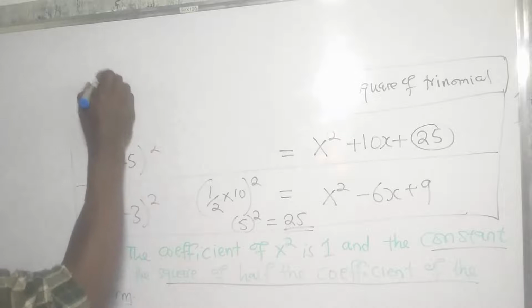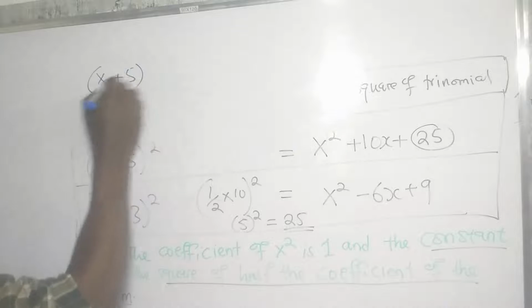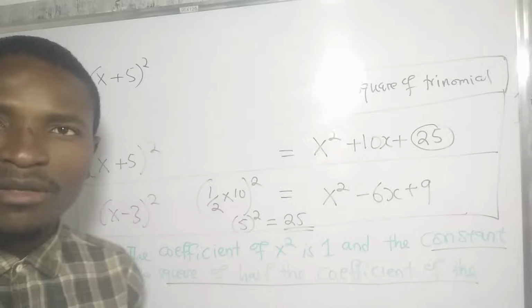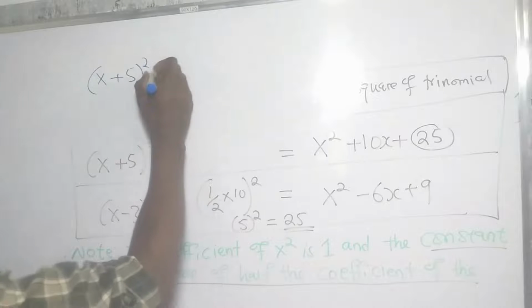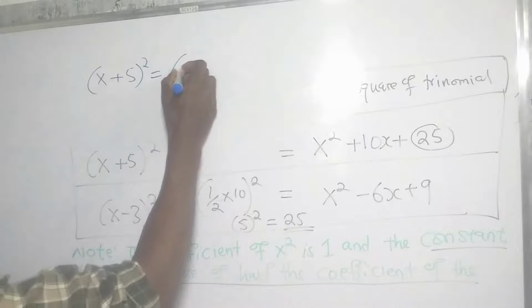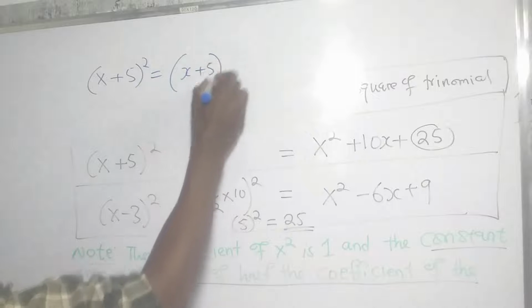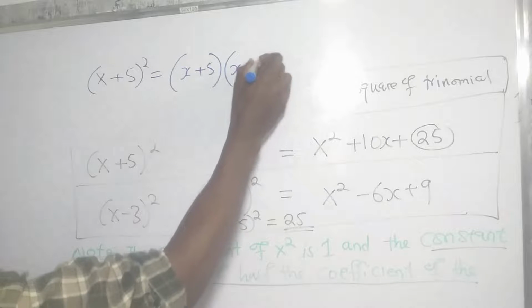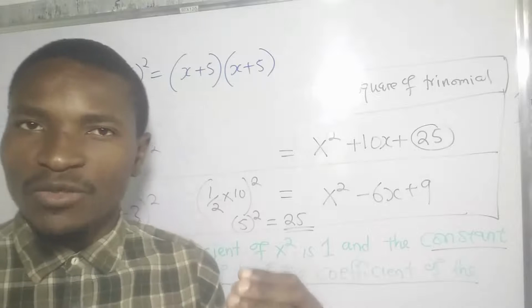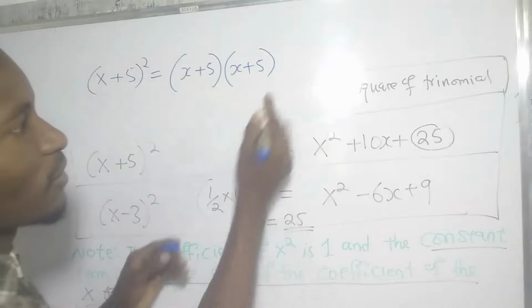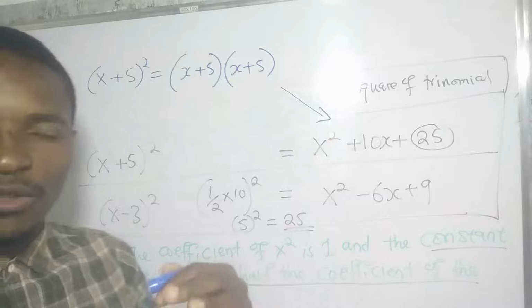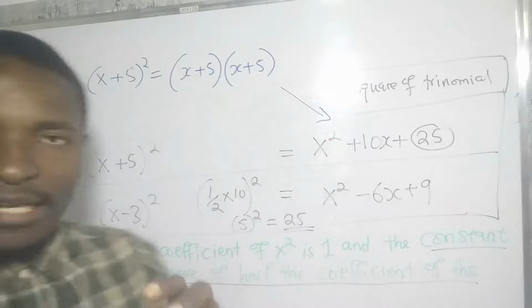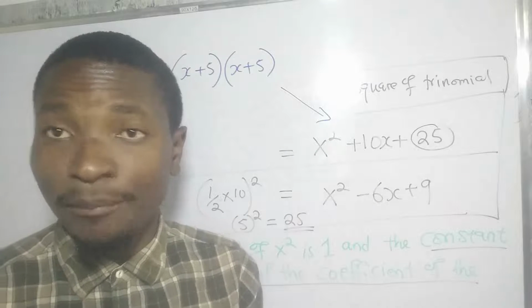So x plus 5. Now x plus 5, this can be x plus 5. That is how simply you expand to get this one. You have two things, and that is what makes it a binomial.